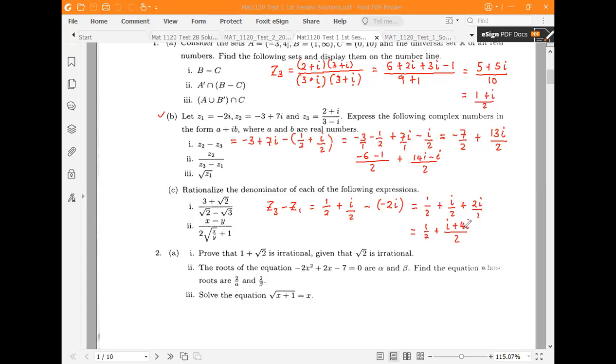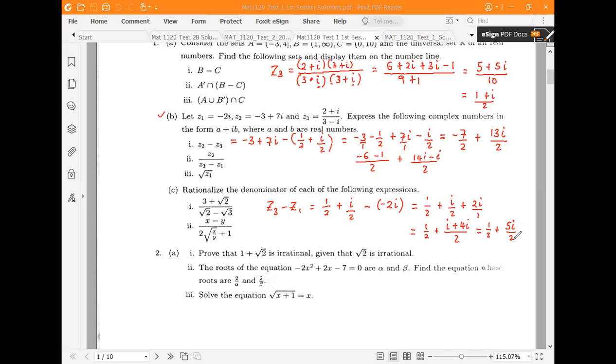So we get 4i. So that we get half plus 5i over 2. So that part we have gotten is just Z3 minus Z1.